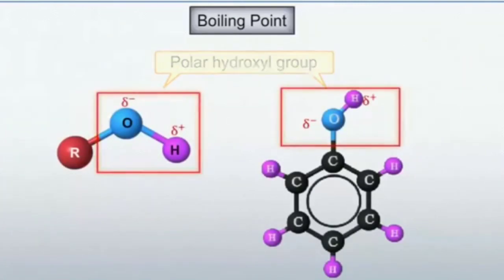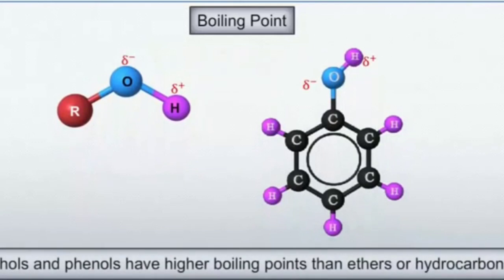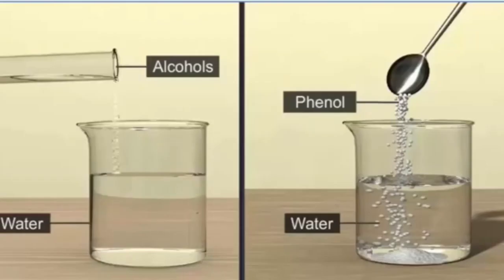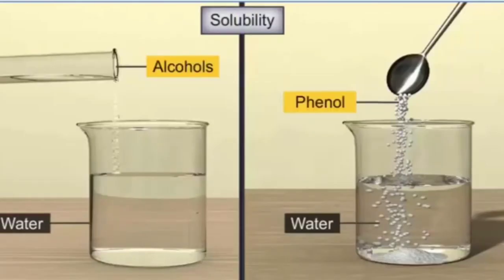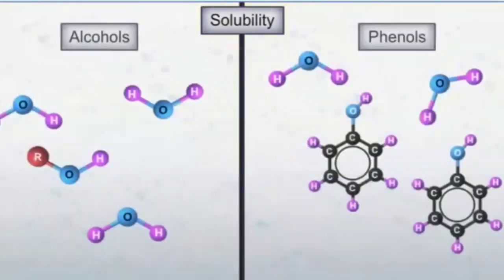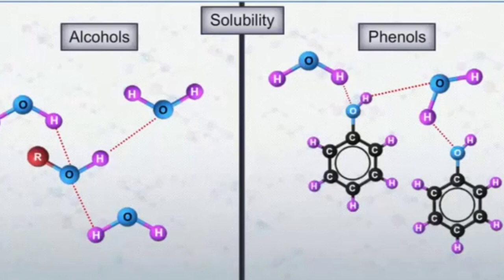Thus, alcohols and phenols have higher boiling points than ethers or hydrocarbons, which cannot participate in hydrogen bonding. Alcohols and phenols can both form hydrogen bonds with water, and so both are water soluble.